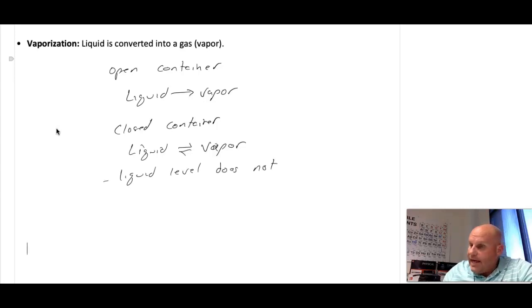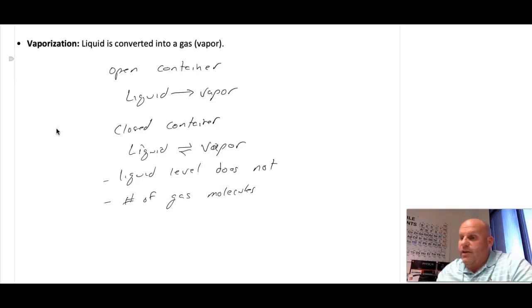That means that the number of gas molecules doesn't change. And if the number of gas molecules remains constant, because the liquid level is not changing when we reach this point of equilibrium, therefore the pressure exerted by that vapor over the liquid remains constant.